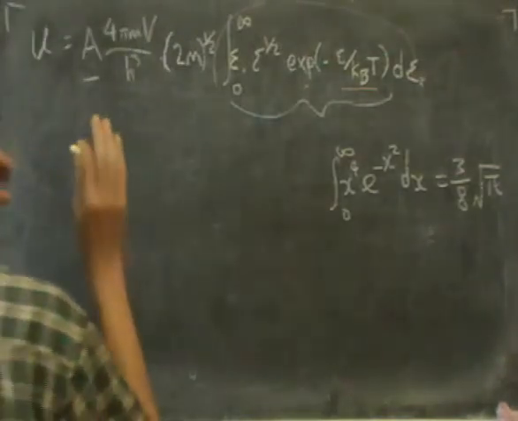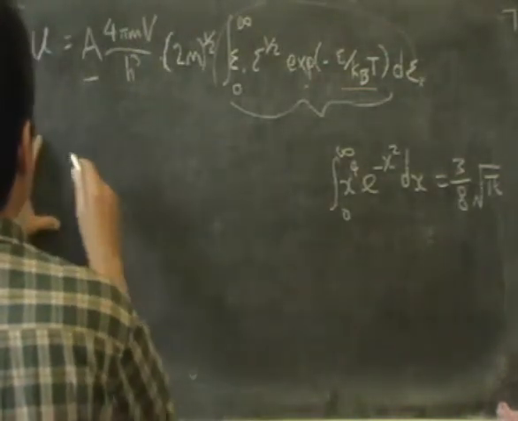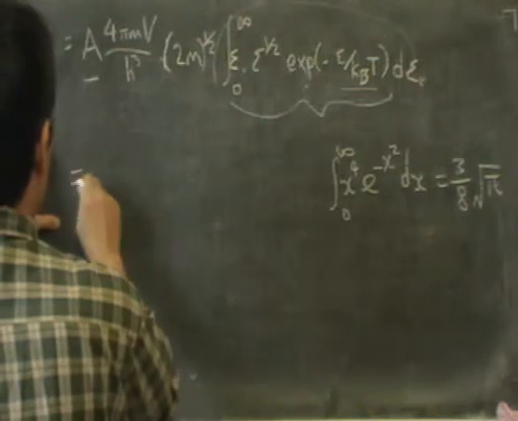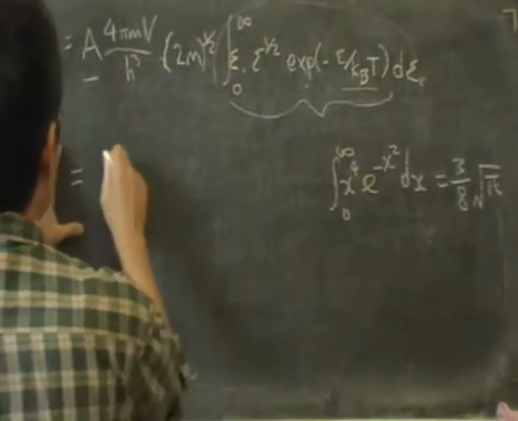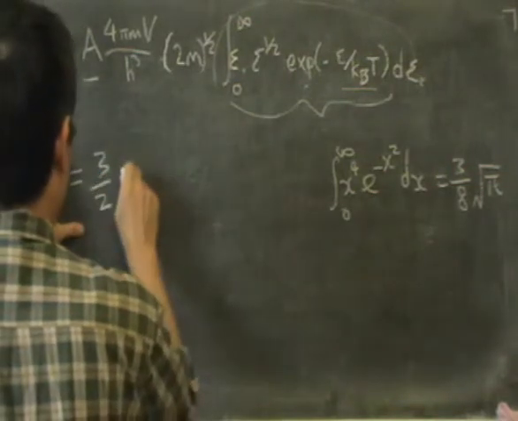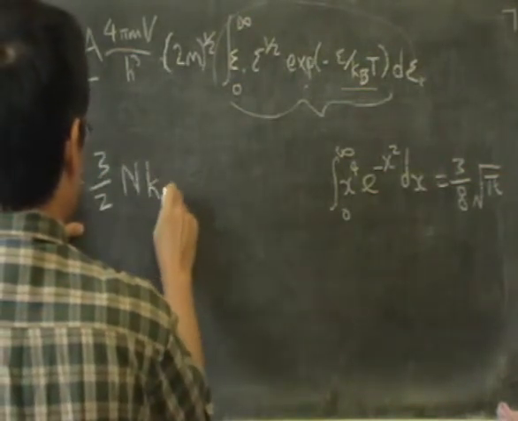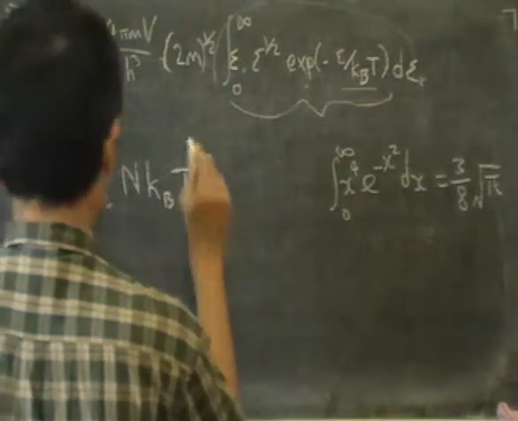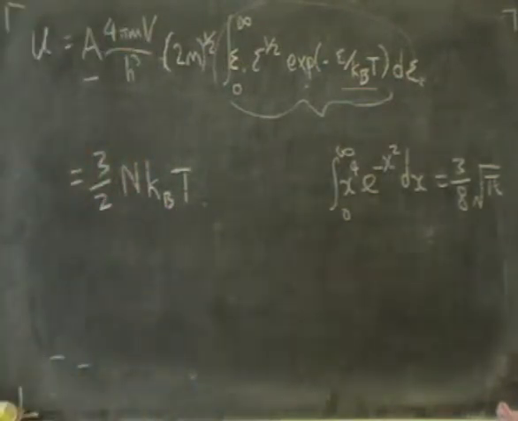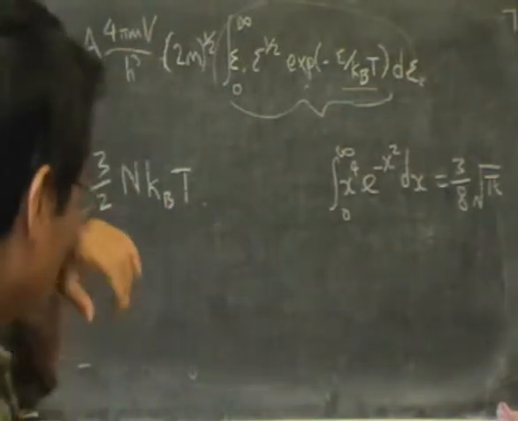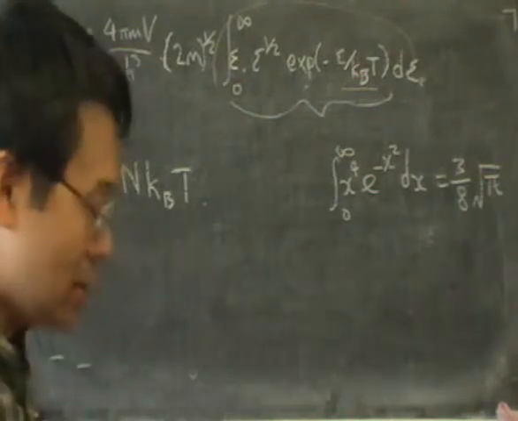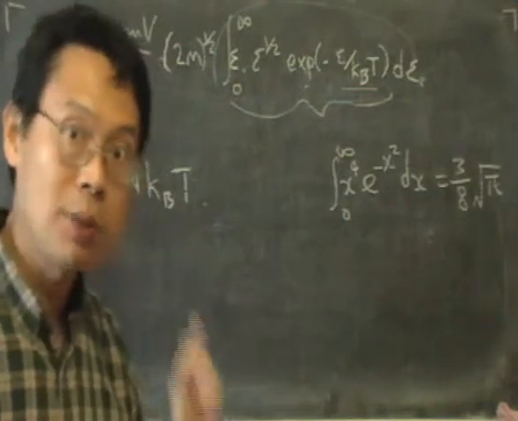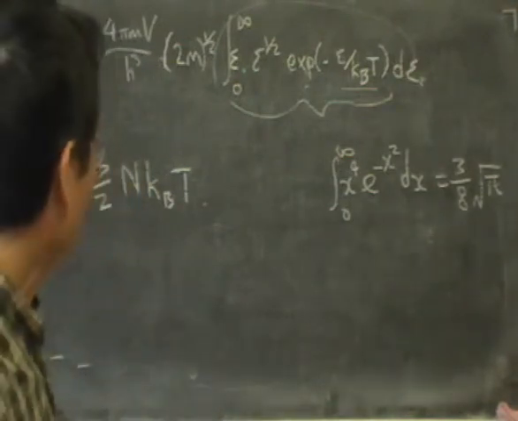So without going into all the steps, I shall just state the final answer, which is 3 over 2 N kBT. Now if you remember from the last lecture, this is exactly the expression which was given by the kinetic theory of ideal gas.